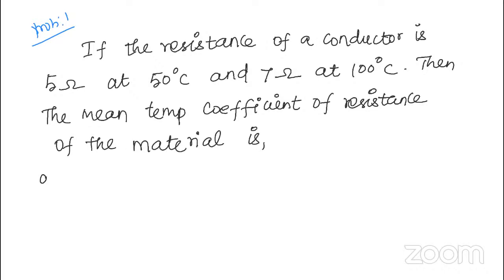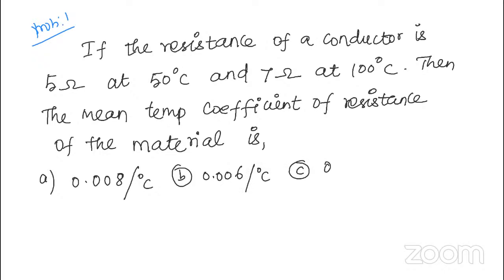The options are: A, 0.008 per degree centigrade; B, 0.006 per degree centigrade; C, 0.004 per degree centigrade; and D, 0.001 per degree centigrade.